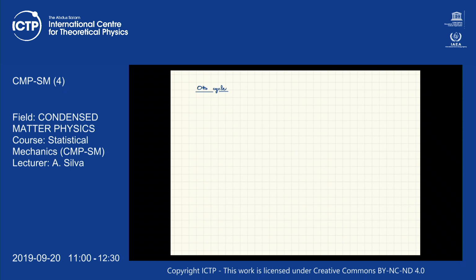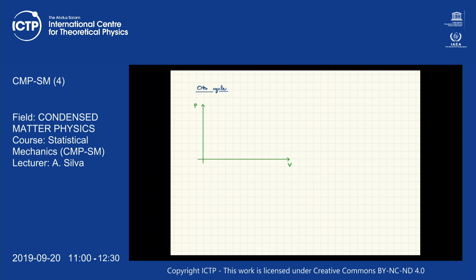Anyway, the Otto cycle. So what is the Otto cycle? The Otto cycle looks like this. On a pressure-volume diagram, it is essentially the same as the Stirling cycle, in which instead of having isotherms, we have adiabats.